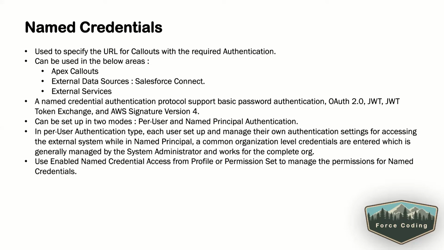We have two types that we can declare on name credentials. The first one is per user, and the second one is named principal authentication. The basic difference between these two is like, suppose you have an external system, a service which is going to provide you data irrespective of the logged in user on your Salesforce platform, right?